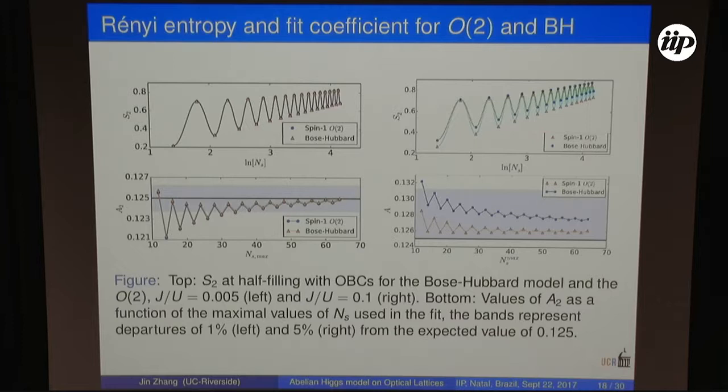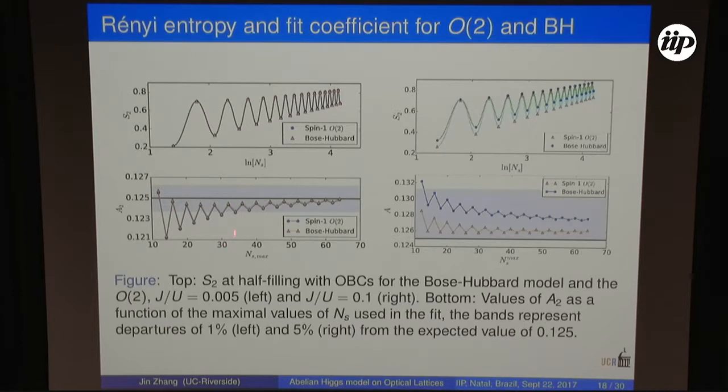And this is for J over U equals 0.1. We can see that there is some difference, but we can say that it is not big, because experimentally preparing the Bose-Hubbard model for such a small J over U is impossible, at least for now. We will talk about this later.